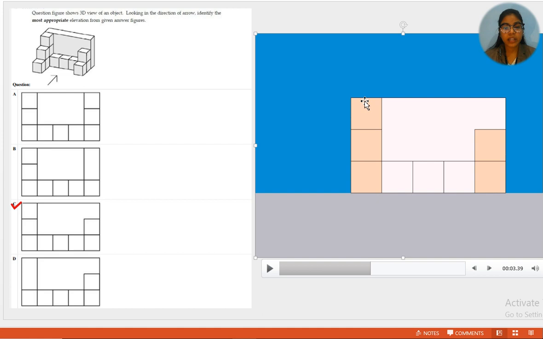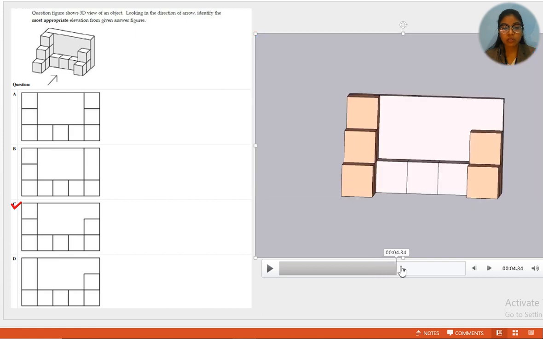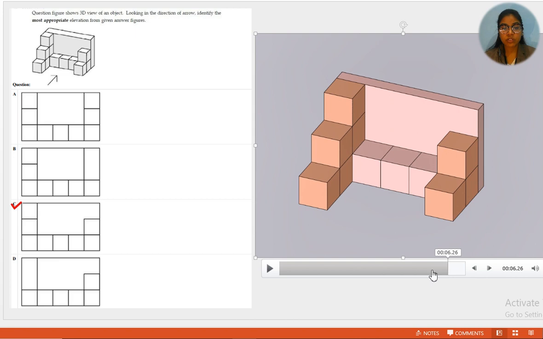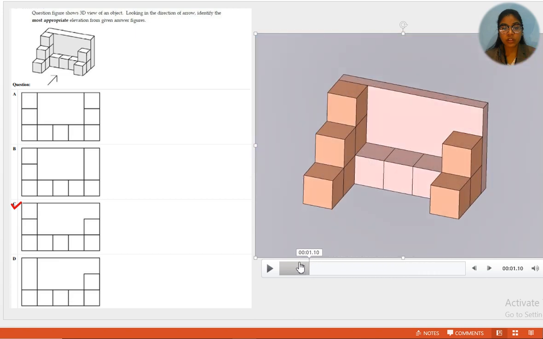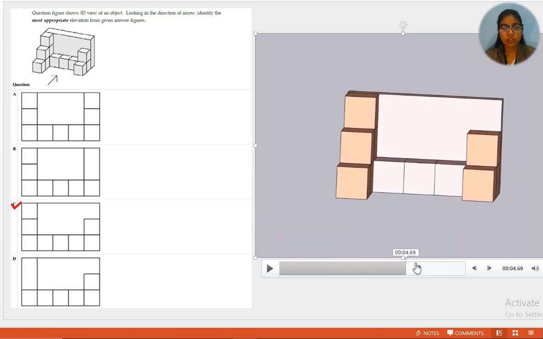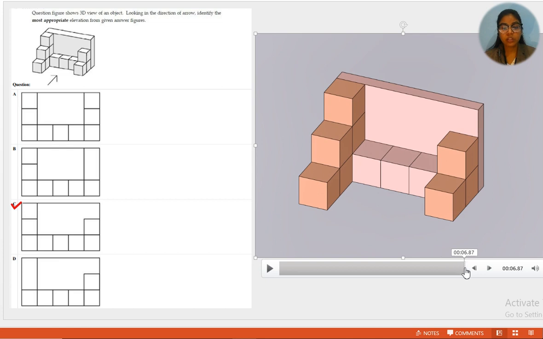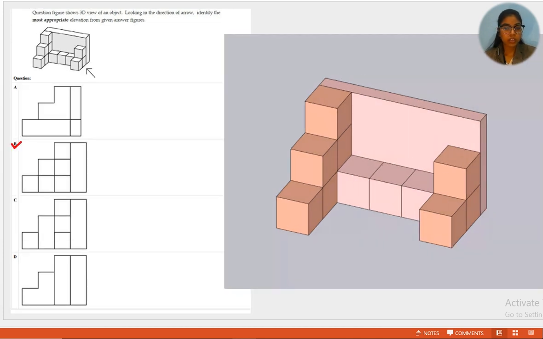As I was saying earlier, you will see the four lines of these three cubes: the top one, this one, and this one. And in this part, it is very clear, you will see nothing over here. In this manner, I hope it is clear to you. Now moving to the next question. The same question is given to you, only the direction of the arrow has been changed this time.